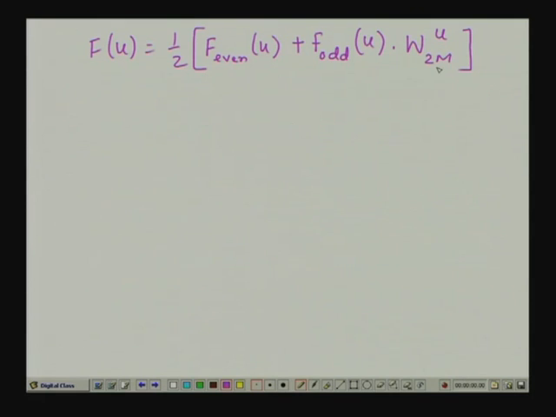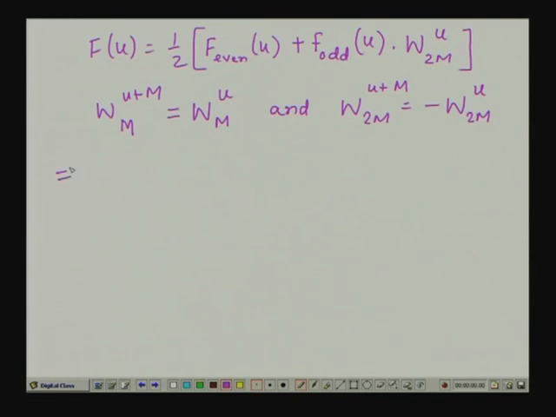Now, we can also show that W_M to the power u plus M is the same as W_M to the power u. This can be derived from the definition of W_M. We can also find that W_2M to the power u plus M is the same as minus W_2M to the power u.